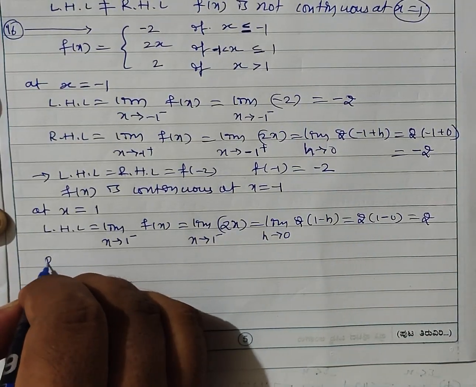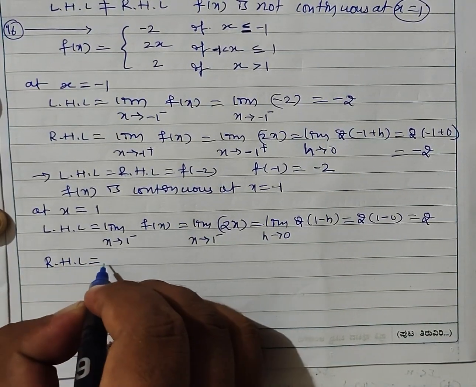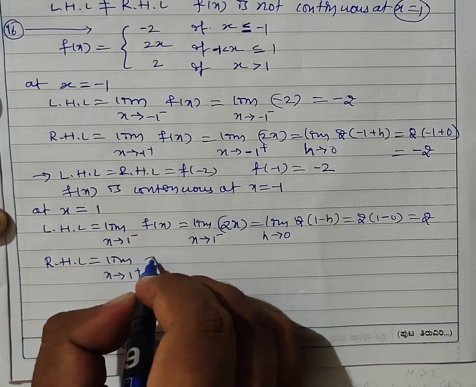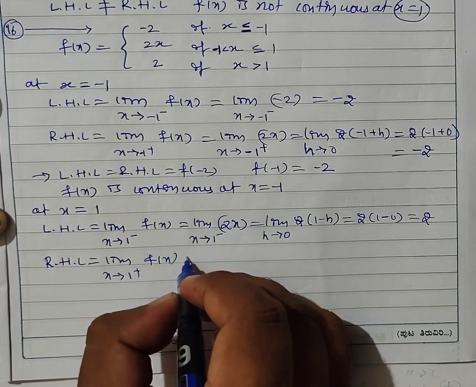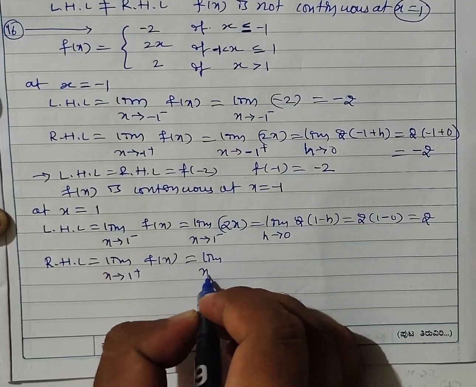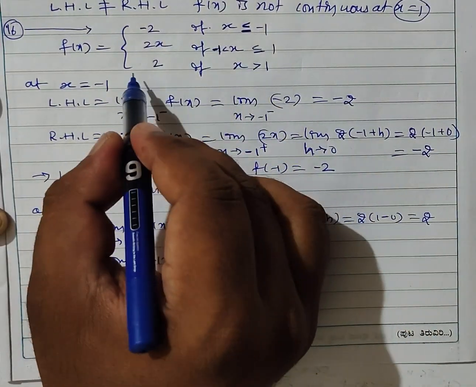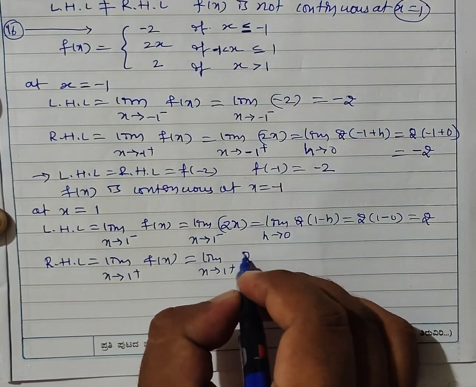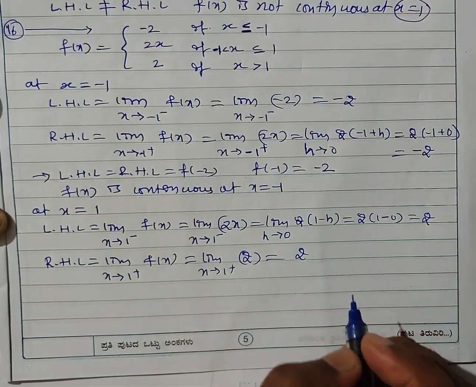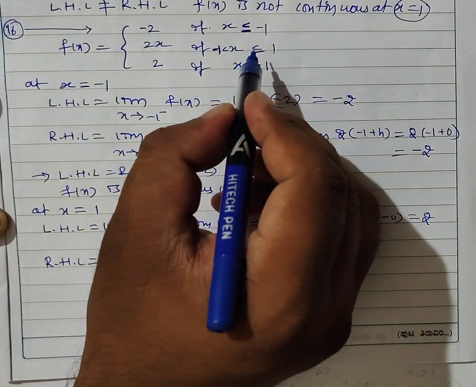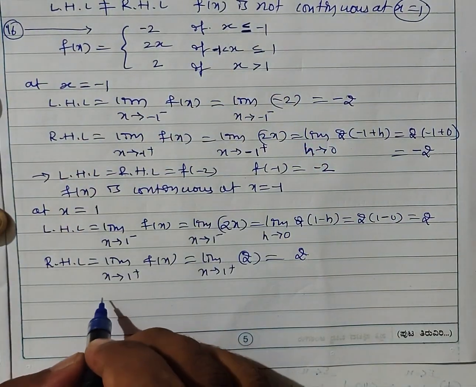Okay. Next, find the right hand limit. Right hand limit is equal to limit x tends to 1 plus f of x. 1 plus means what? Greater than 1. Greater than 1 is the function 2. So limit of the constant is the constant. So what about the f of 1 value? Less than or equal to 1. F of 1 value means what?